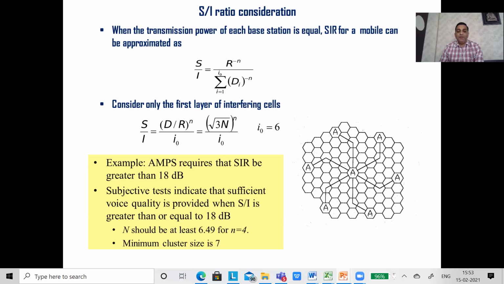So from these parameters, you will be able to find out the value of capital N. First of all, we have to convert this 18 dB value into the normal value of S by I. You can convert decibel to normal value by making use of 10 log 10. So I mean to say, 18 dB is equal to 10 log of 10.